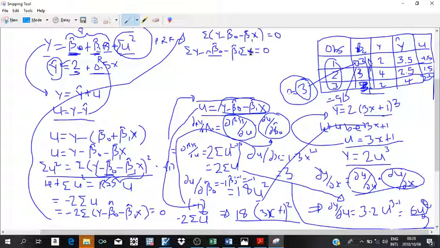It's now appearing like a plus. Now let's make n beta naught the subject of the formula here. To do that, we add n beta naught to both sides.